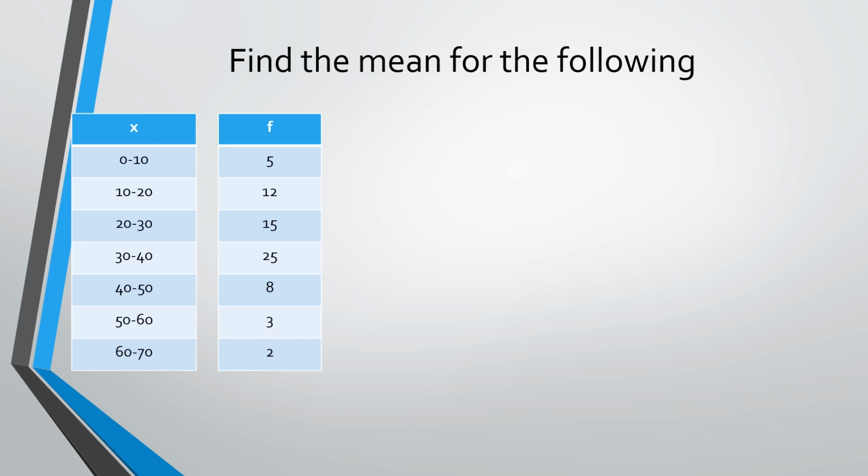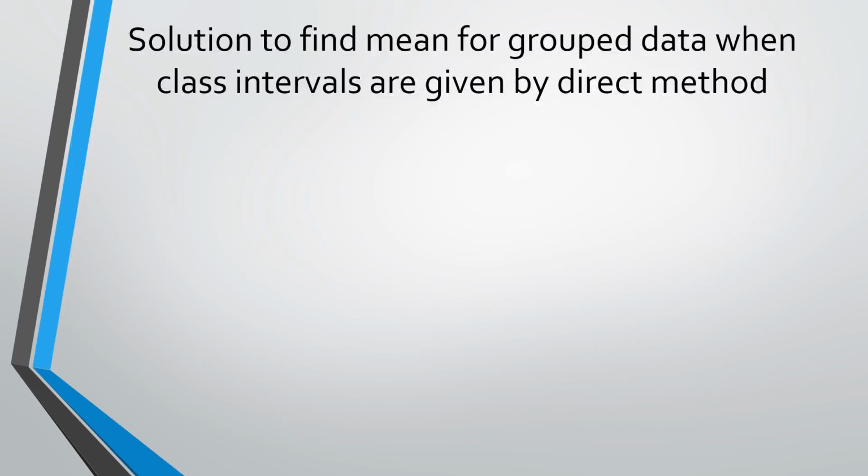So this kind of problem is grouped data where the class intervals have been given, and the solution for this, that is to find the mean for grouped data when class intervals are given, can be solved by using two methods, a direct method as well as the indirect method. First we shall see the direct method.